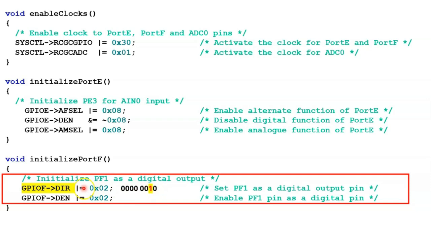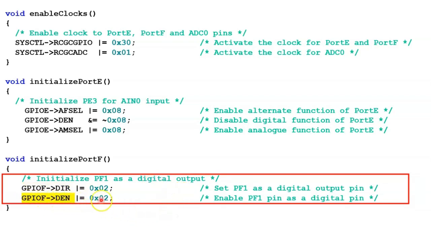Now using the bitwise OR operator, which is this one here, port F bit 1 is set to a 1, which is this red color highlighted here. This is bit 1, set to a 1. So this corresponding pin would be in output mode.